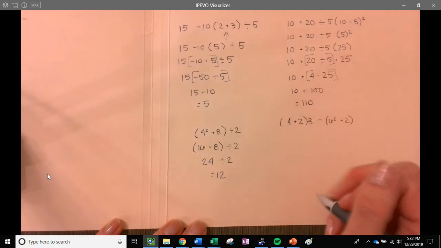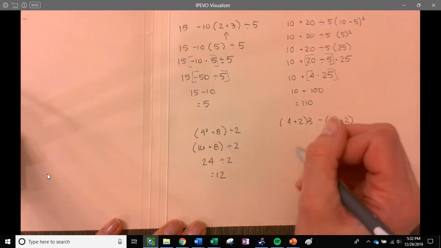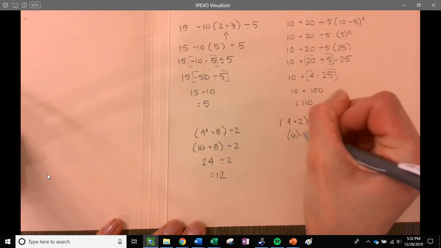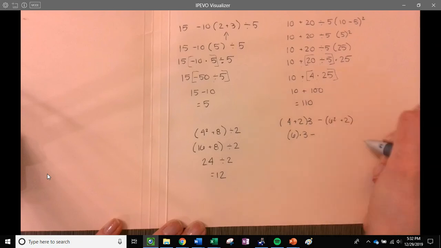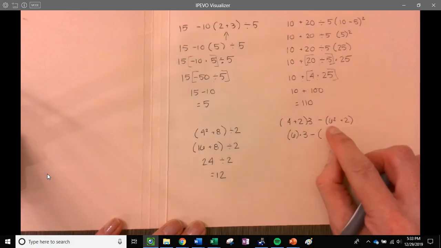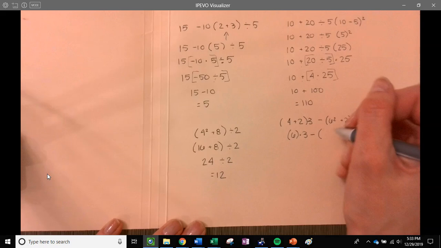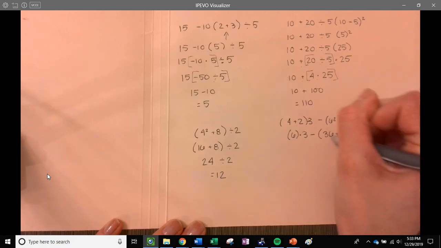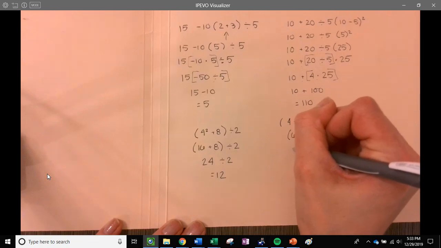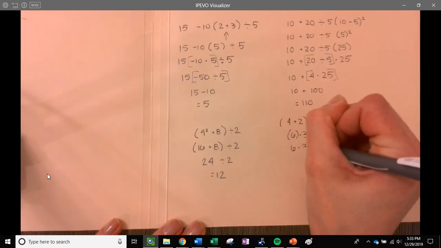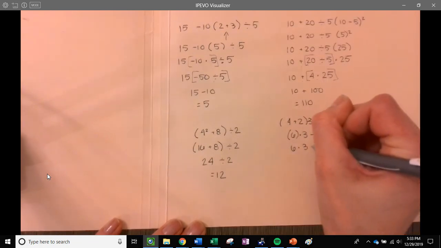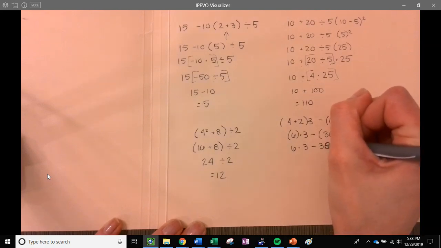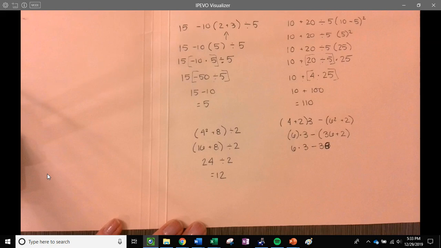All right, so we're going to do what's inside the parentheses first. 4 plus 2, that gives us 6 times 3 minus 6 squared. 6 times 6 is 36 plus 2. We're going to perform that addition, and we get 6 times 3 minus 38. It would be helpful if I wrote 38 instead of 36.